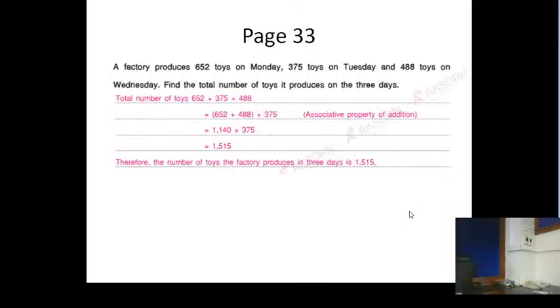So for this question the answer is like this, look at here what we will do.